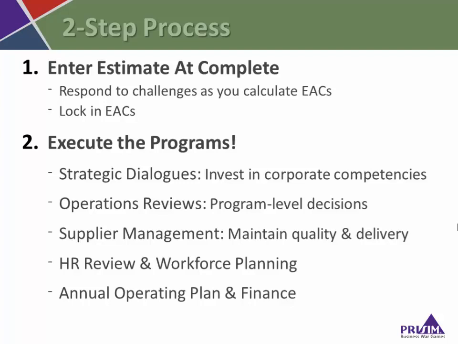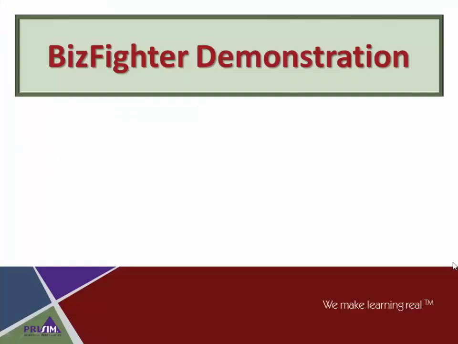During this time, you're also going to receive information, memos, and correspondence regarding the programs that you have. And you'll have access to stakeholders to get answers to questions you might have as you calculate EAC and as you drive program performance. So at a high level, this is a list of the areas of BizFighter.EXE where you make decisions. Now let's go ahead and take a more detailed look at BizFighter.EXE.